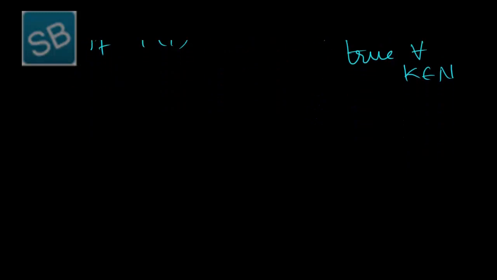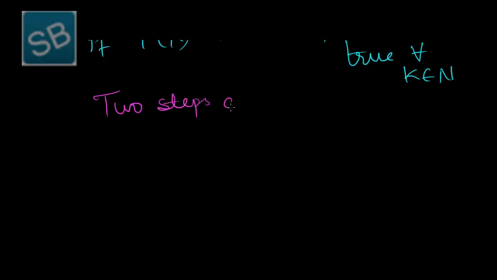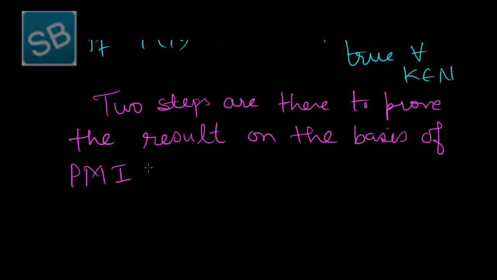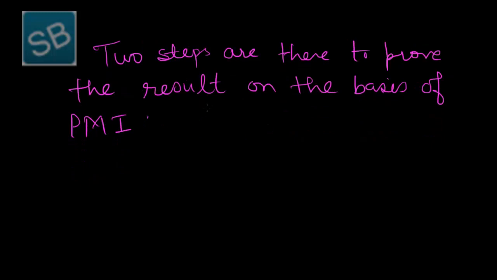So we see that there are two steps in the principle of mathematical induction. So two steps are there to prove the result on the basis of the principle of mathematical induction. So we are going to explain the above definition in two steps. The first step is called the basis.